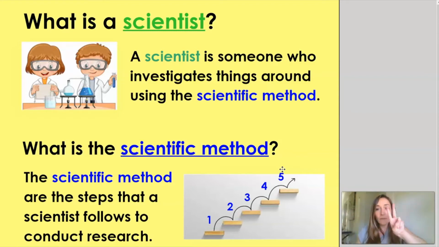Very good. And the second word that I want you to learn is sinks. When something sinks, it means that it falls below the surface of the water. As you can see, this is something that sinks.